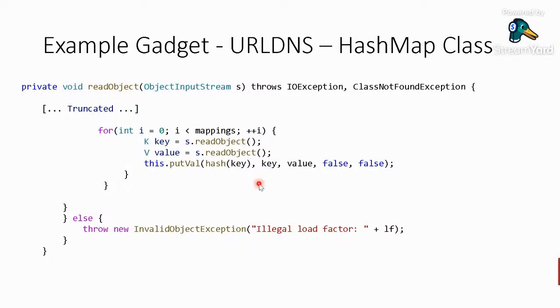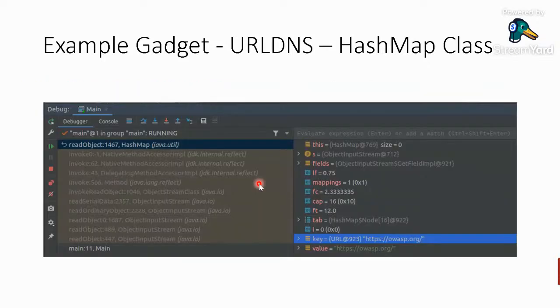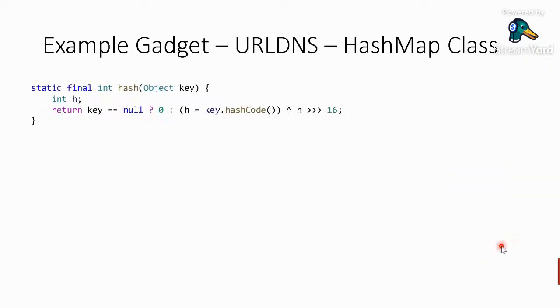What happens if we call hash on that key? Well, this is from a debugging session to show you we reached Hashmap readObject and our key is a URL. And once we called hash on our URL, what's going to be called is that object's hashCode. That means the URL object is going to be calling its hashCode function.